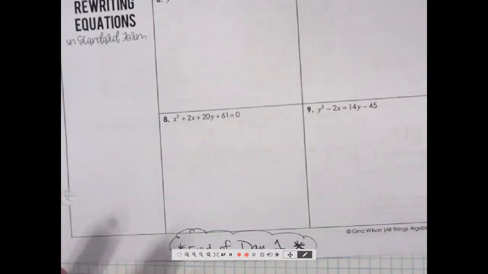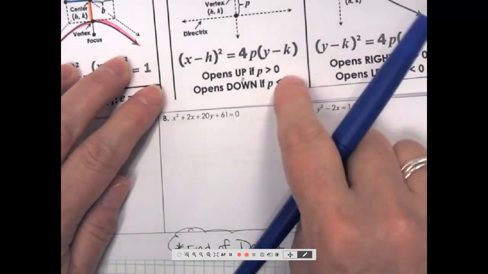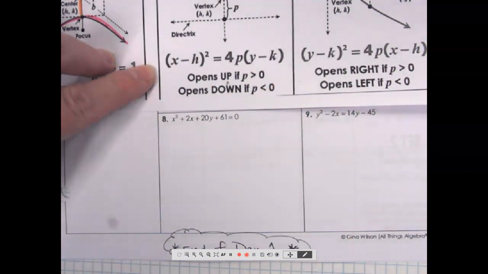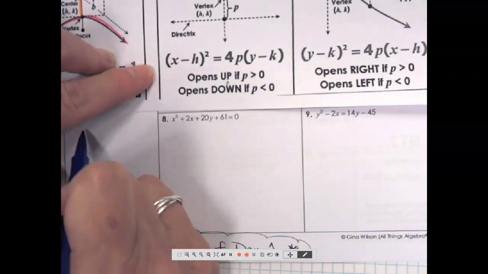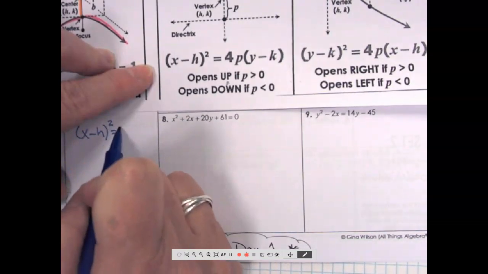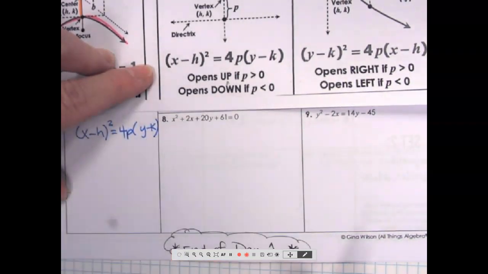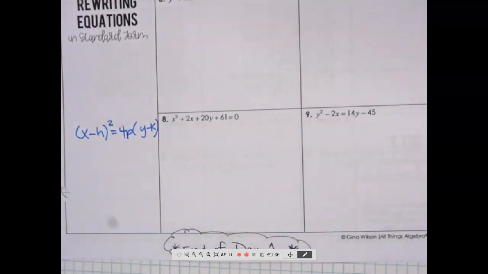Alright, so for number 8, what's the squared variable? X. That means that this is the form that I want it in. So I'm going to write this out here. X minus h squared equals 4p y minus k. That's what I'm shooting for.